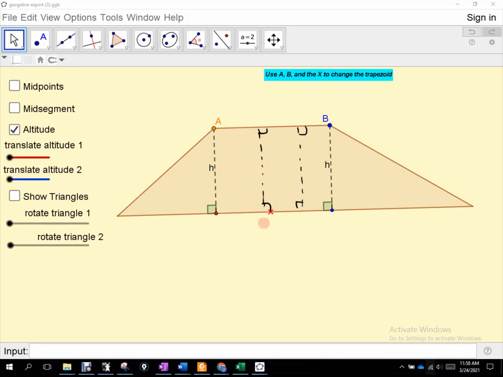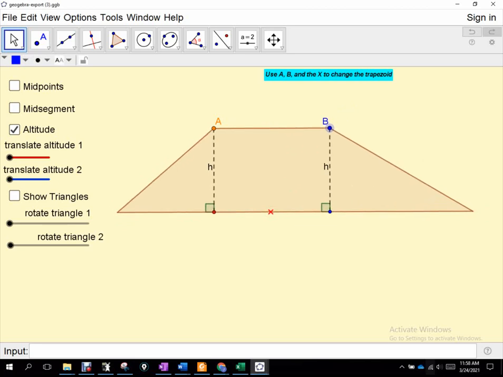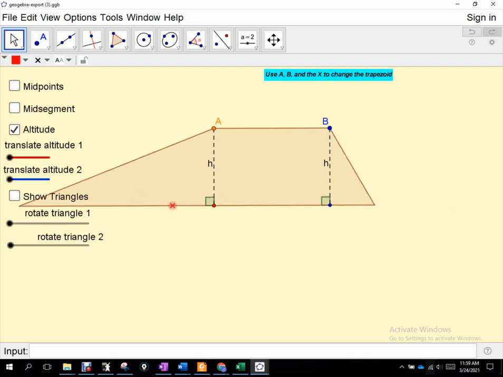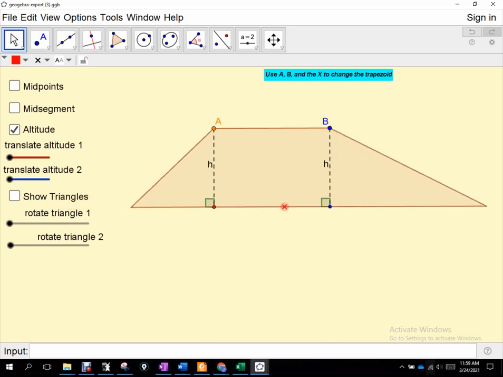Now the reason I choose these two that are dotted there is because they take our trapezoid and they break it up into a triangle, a rectangle, and then another triangle, right? And now these triangles down here, they don't have to be the same, okay?